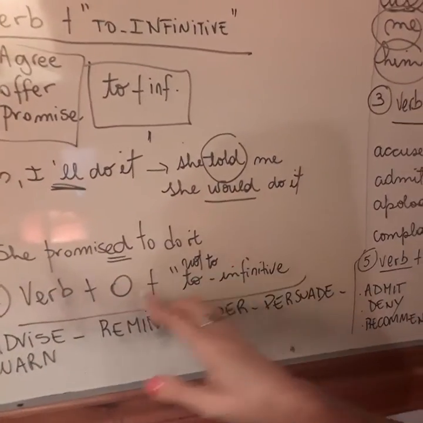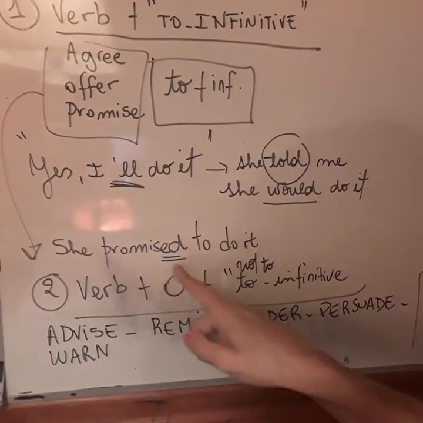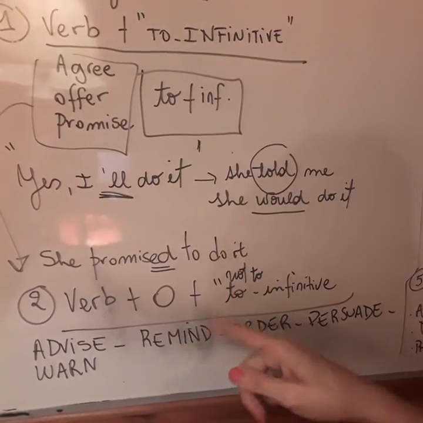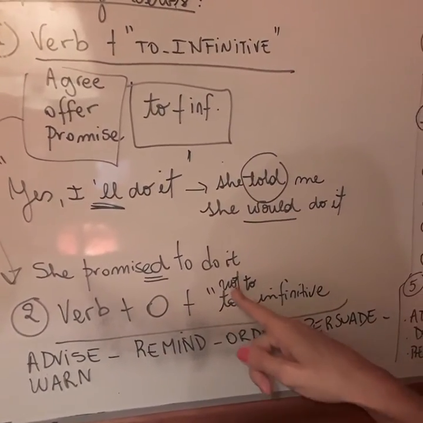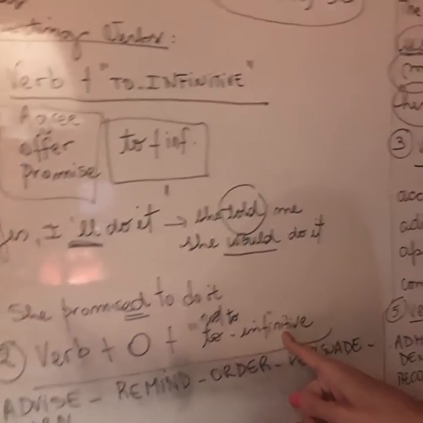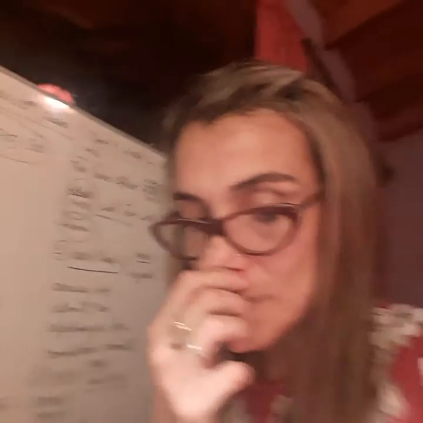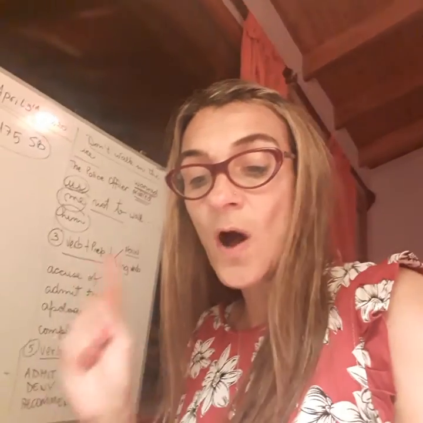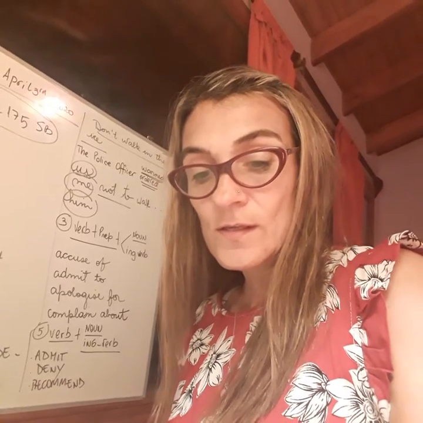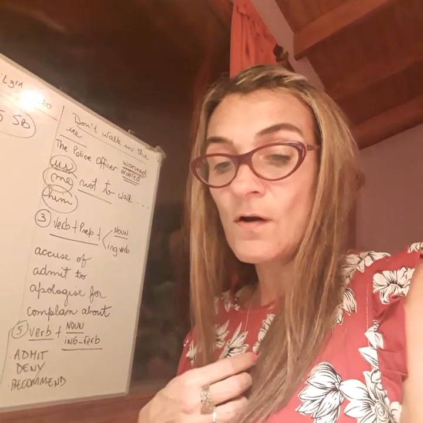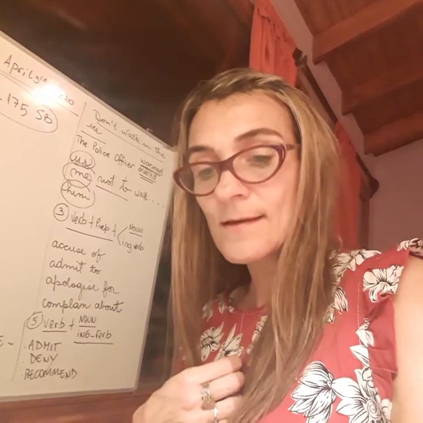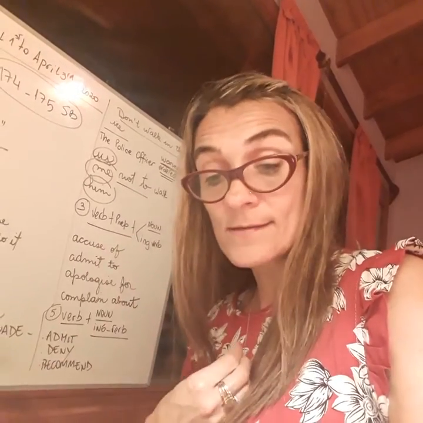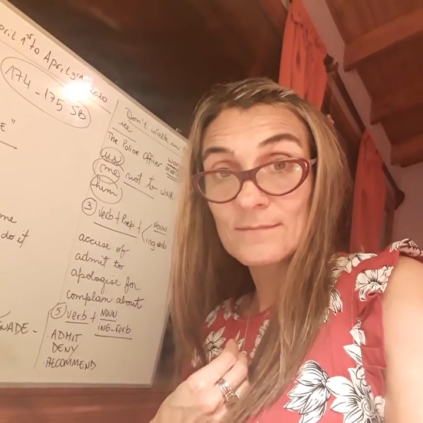The pattern is verb, object, me, him, us, them, her, to or not to plus infinitive. So, for example, suppose that, no sé, the police officer says, don't walk on the ice. So I can say the police officer ordered us not to walk on the ice, or the police officer warned us not to walk on the ice.